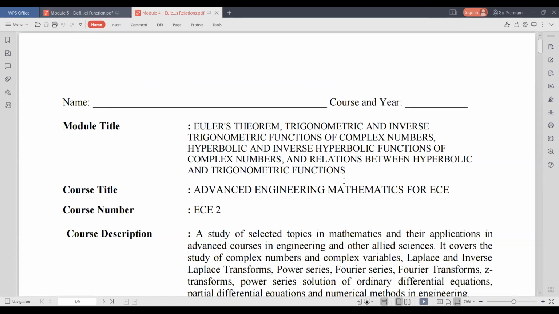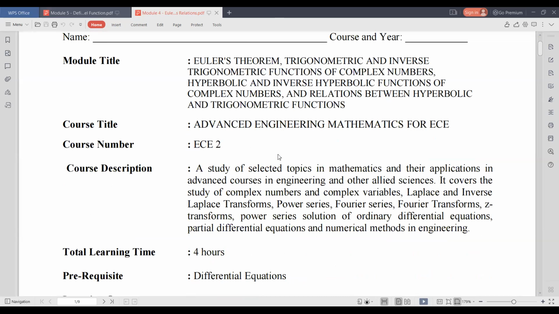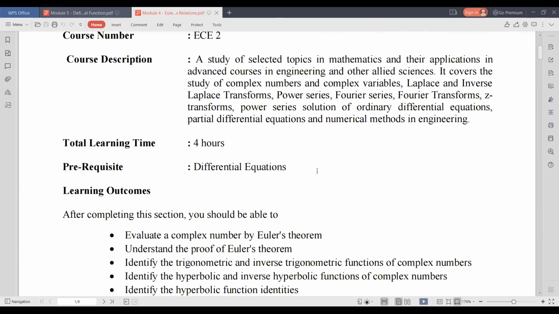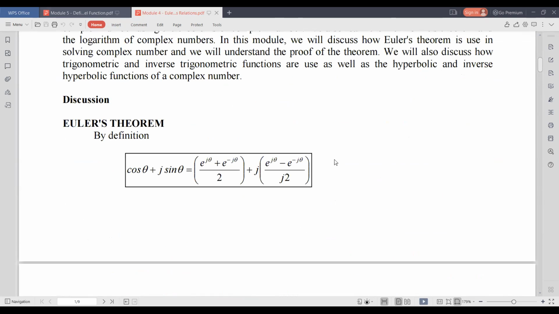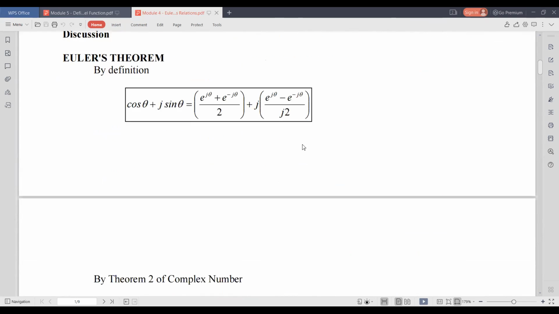Ayan, so review muna natin yung module 4. So check your isa pa lang nakapasa. Sige, so review natin yung mga proof nila, no?